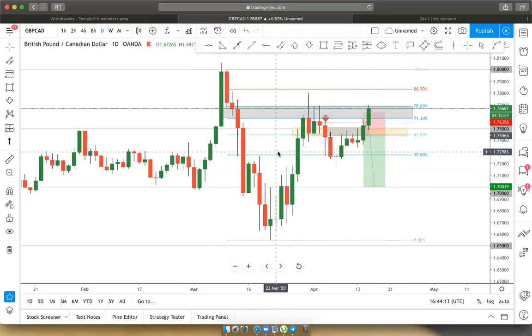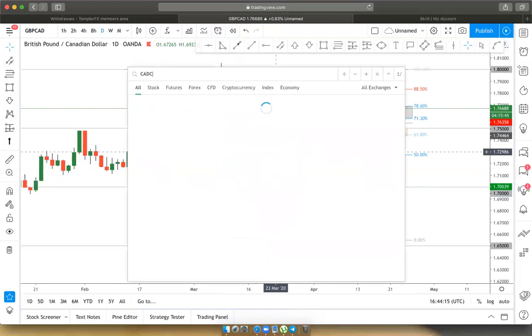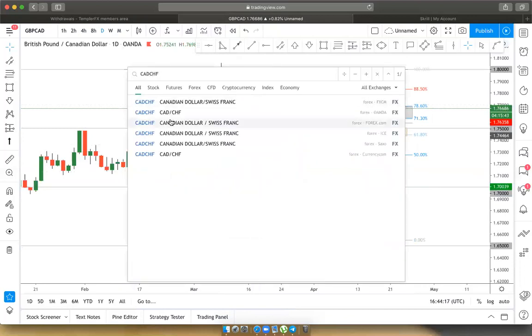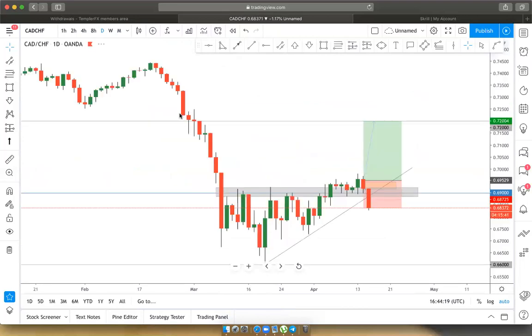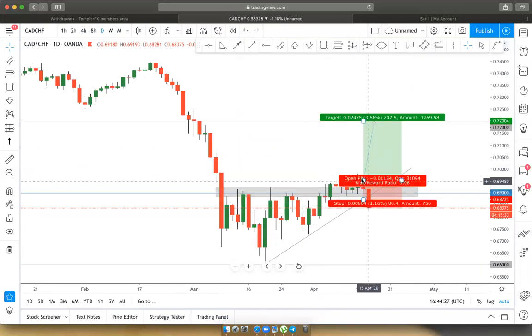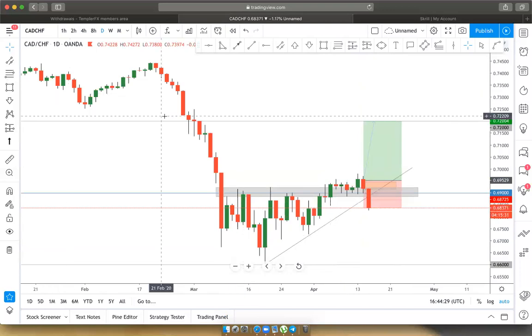Then another trade that we lost this week is CAD-CHF. As we've seen here, we entered here. Let me explain it, because when we entered this, it was not here.